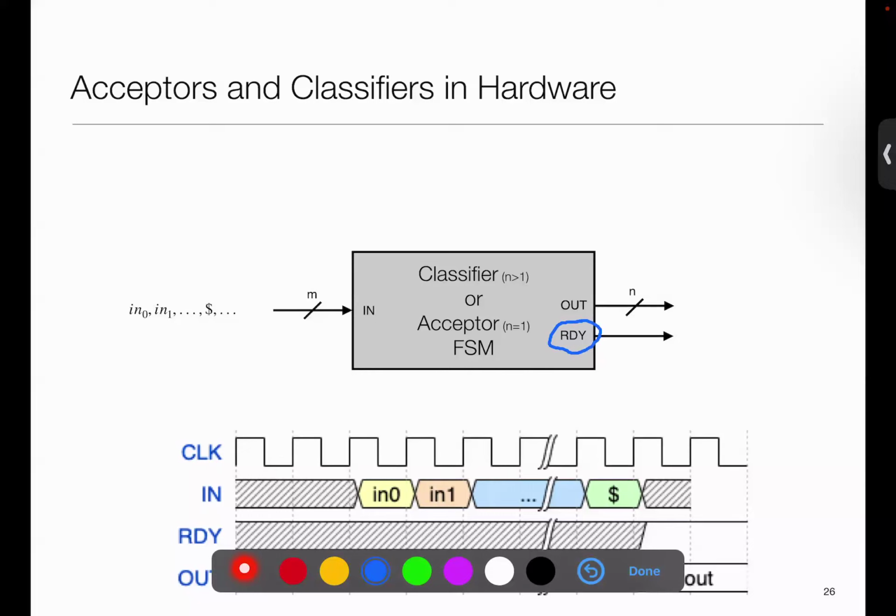Then the output would indicate whether it's a pass or fail or what category it is. So the N in case of a classifier is more than 1 bit, and in case of an acceptor, just 1 bit.